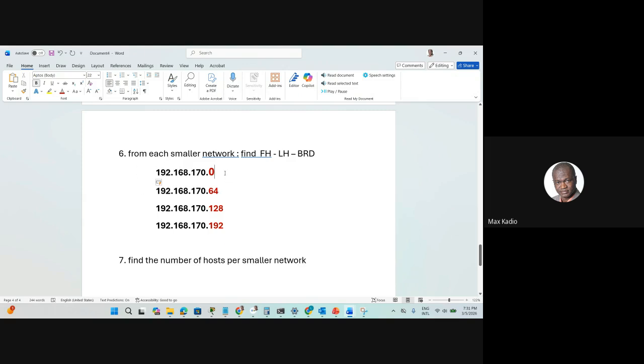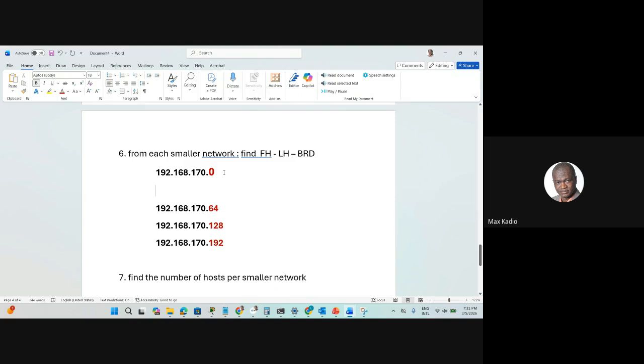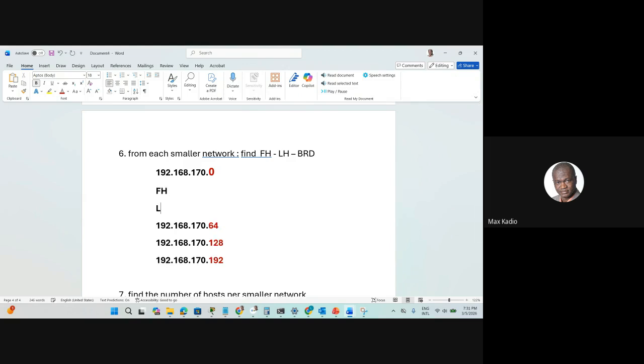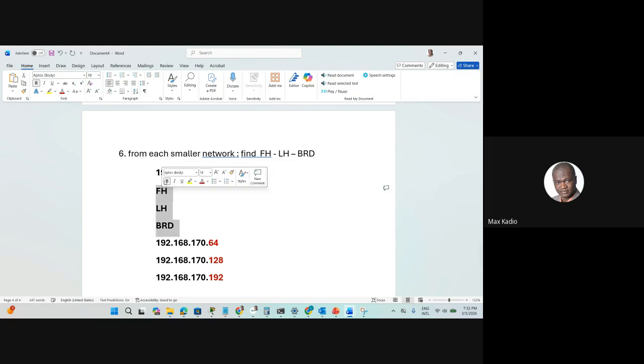From here, I need to find the first valid host, or the first IP I can assign to a PC, the last IP address I can assign to a PC, and a broadcast to communicate to anyone.